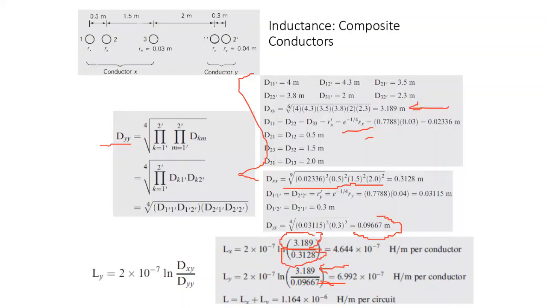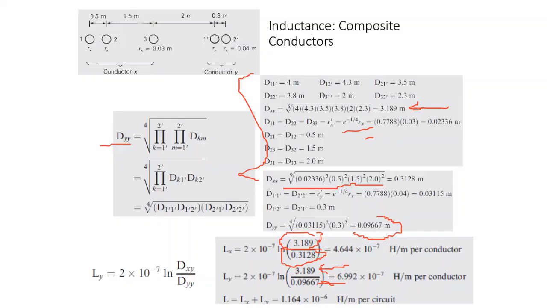That's it. So you know now DYX. But DXX is different than DYY. So to save time, this is the way you will calculate it. DXY will be DYX. For DXX, you need to find the geometric mean radius of conductor X.